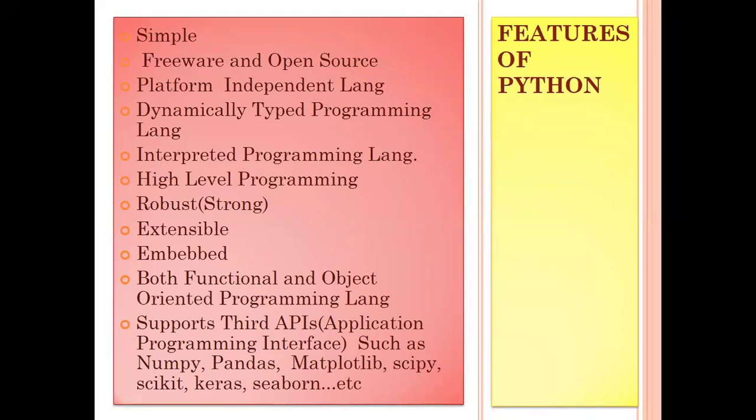Object-oriented programming language supports third-party APIs, that is, application programming interfaces such as NumPy, Pandas, Matplotlib, SciPy, Scikit, Keras, Seaborn, etc. So these are the features of Python. Let's talk about them in detail.